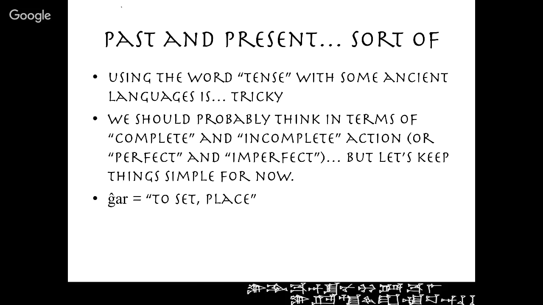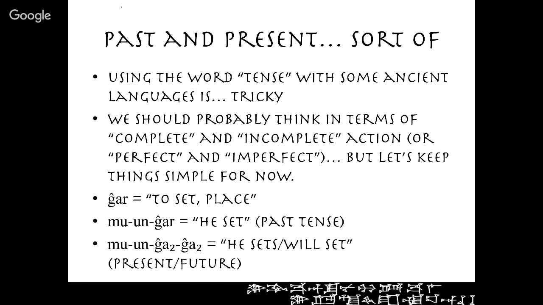And here's an example. The verb nyar. Nyar means to put or to place or to set something. Mu'un nyar, that's the past tense. That's the Hum2 form. It means he set or she set. And mu'un nyatu nyatu, that is the Maru form, and it is the present future tense.